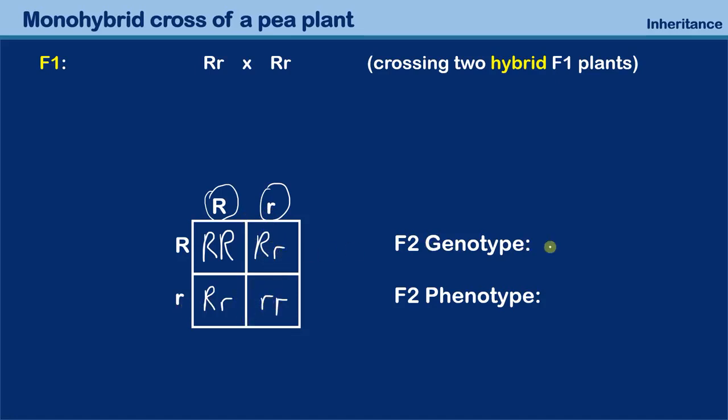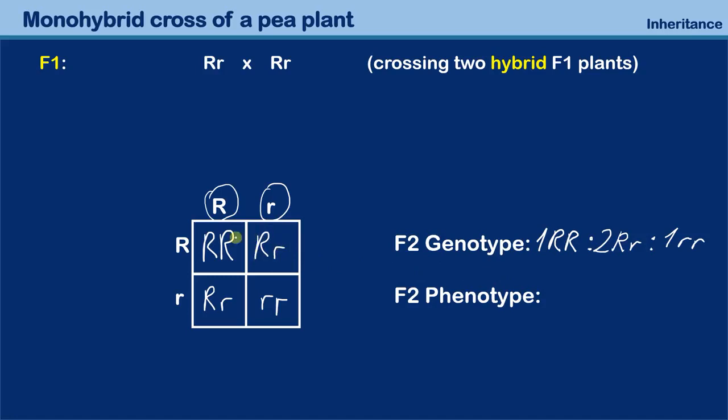So what are the genotypes over here? We have one homozygous dominant, two heterozygous plants, one homozygous recessive plant. And the phenotypes, how many red and how many white flowers do we have?